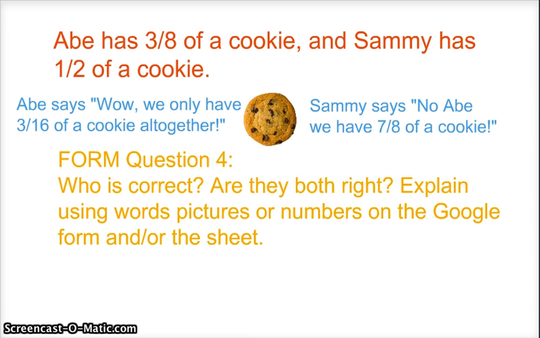Now this leads us to our fourth form question. Who is correct? Are they both right? Explain using words, pictures, and numbers on the Google form and or the sheet in front of you. Take a few minutes to converse with the person who you're working with and come up with your answer. And once you're finished, continue on to the lesson.